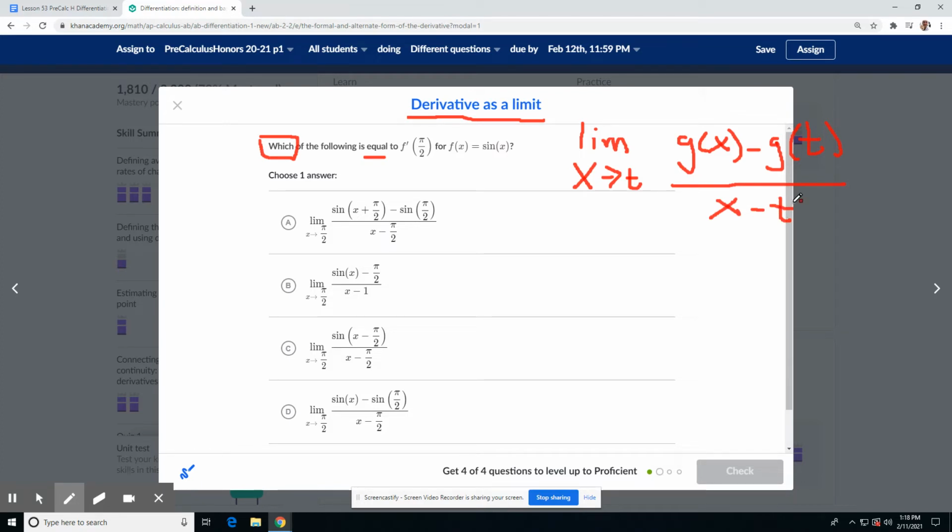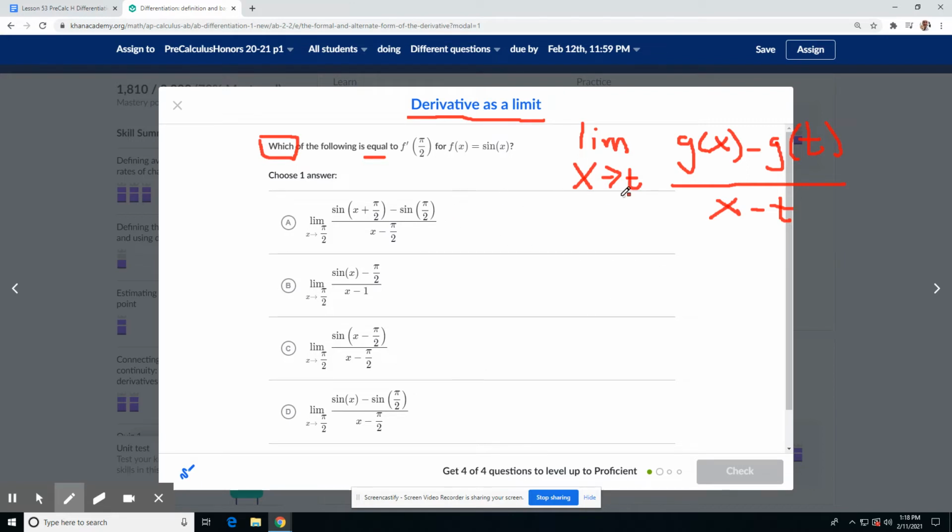All right, this one's a little bit easier to recognize. This is basically our slope formula, where we have y2 minus y1 over x2 minus x1. Okay, so which one of these fits these models that we have here?